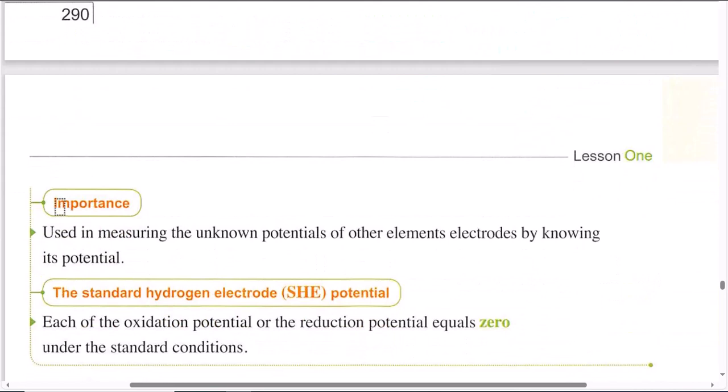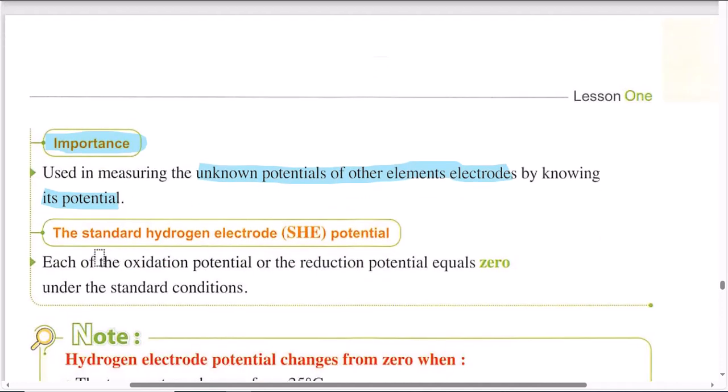So what is the importance of the standard hydrogen electrode, SHE? It is used to measure the unknown potentials of other electrodes, by knowing its potential. The standard hydrogen electrode potential always equals 0, whether it is an oxidation or a reduction. The reduction potential and the oxidation potential of the standard hydrogen electrode both equal 0 in a standard condition.